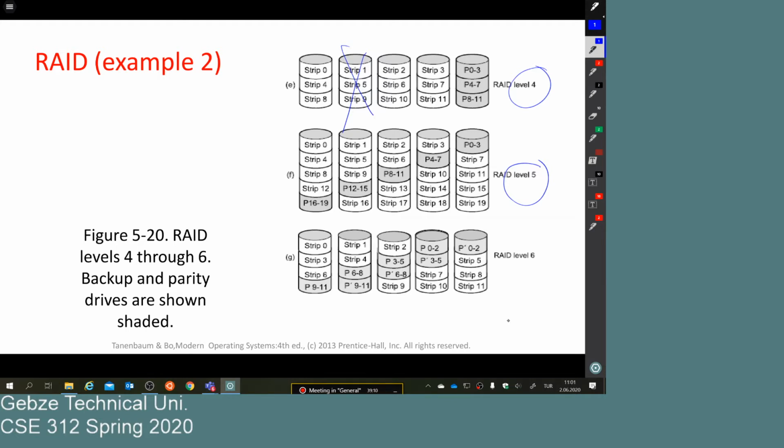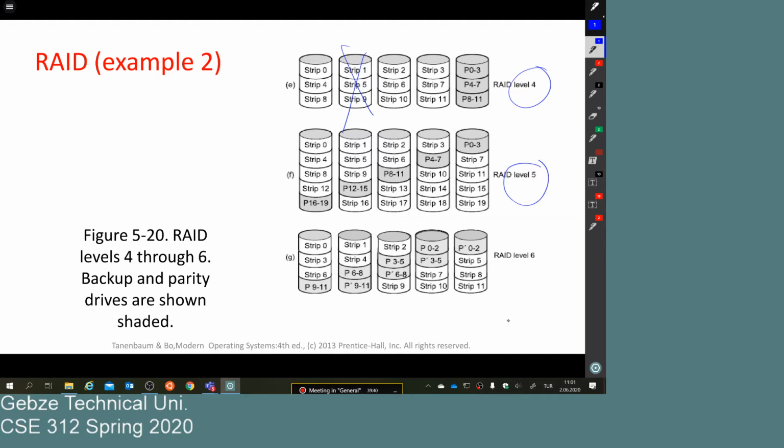Eddie says that parity is distributed in level 5, so what? Eddie, what do you mean? Everybody sees that parity is distributed. Why would that make a difference? Distribution of parity is important. If the parity disk malfunctions in 4, data can't be checked.